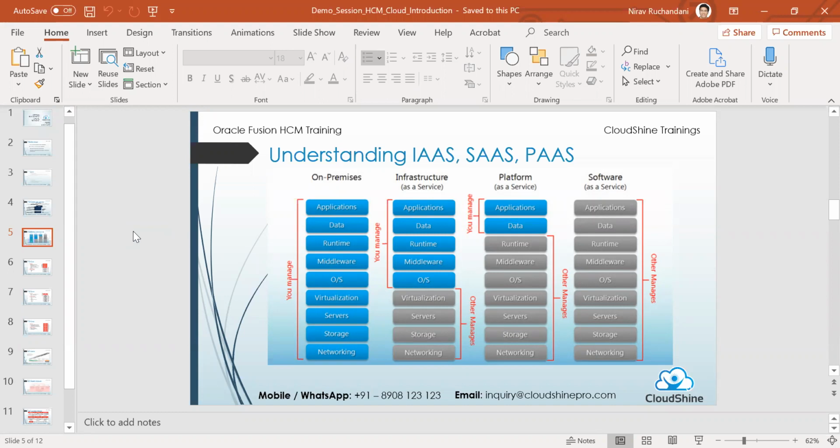But you see that there is on-prem, there is infrastructure as a service, platform as a service, and software as a service. These are the different ways of running the show that Oracle has specifically for Oracle Fusion application. So on-prem is pretty straightforward.